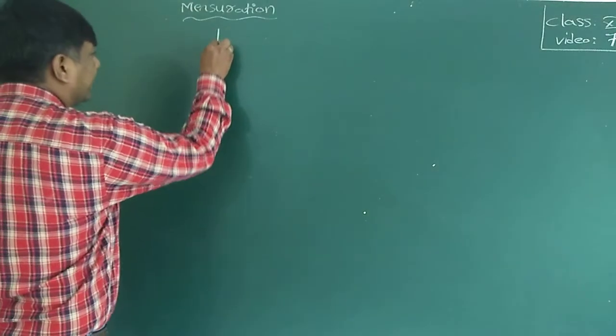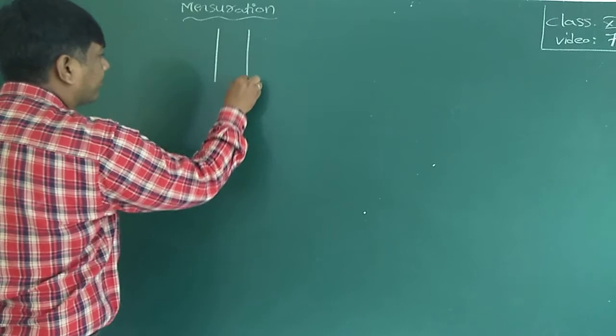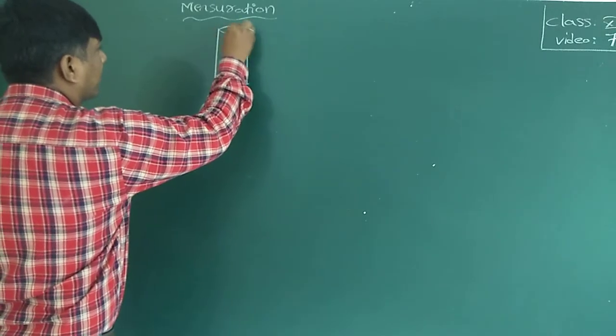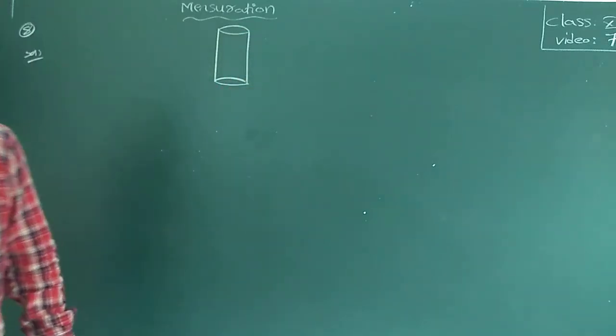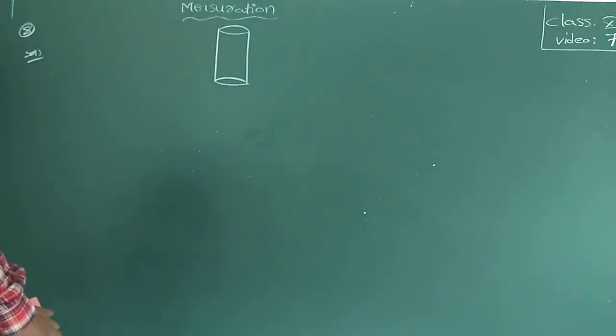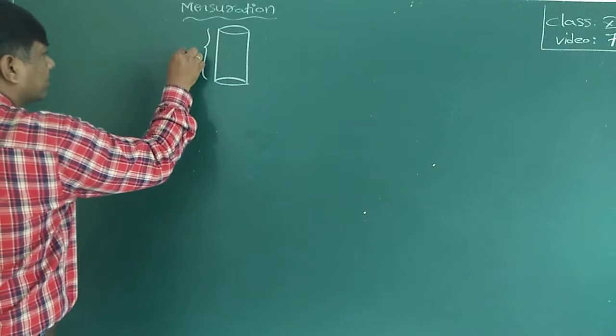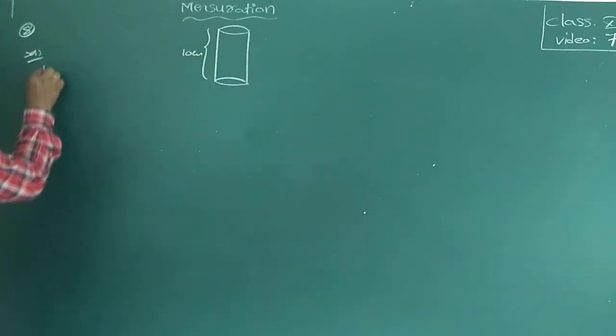This is a cylinder. A wooden article was made by scooping a hemisphere from each end of a solid cylinder. The total height is equal to 10 centimeters.